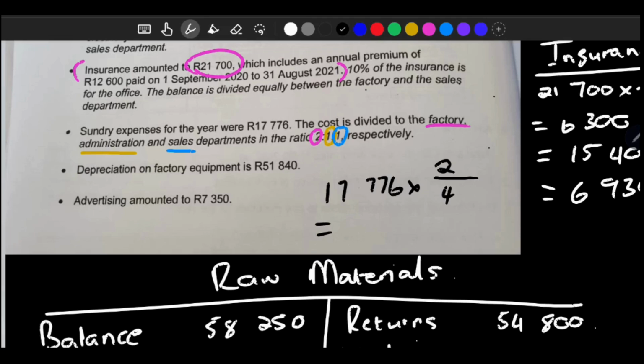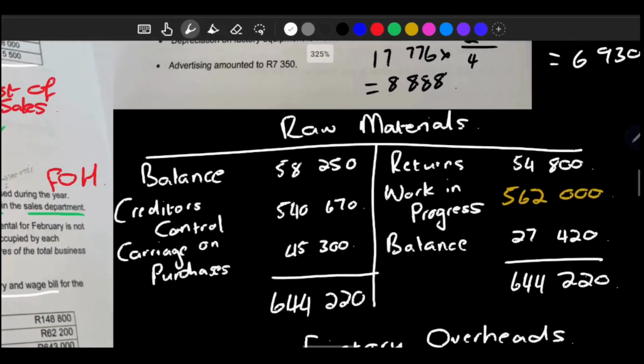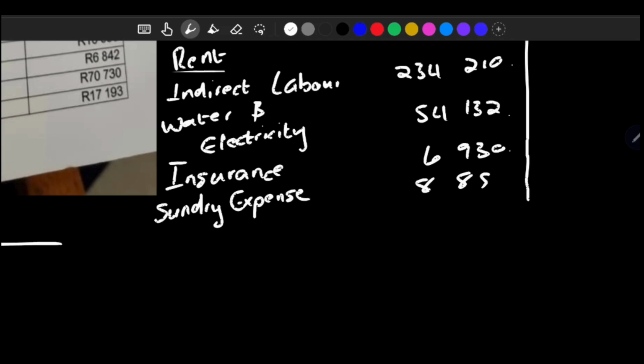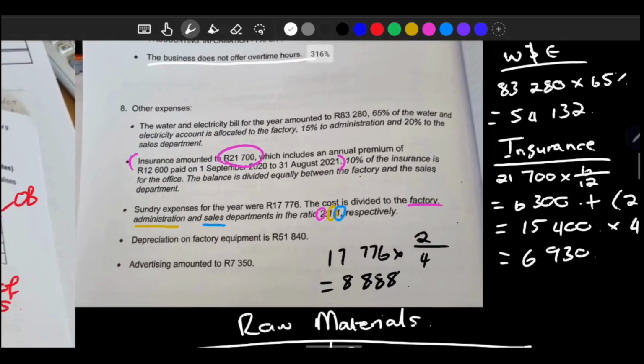So we're going to say 17,776 multiplied by 2 out of 4, and that gives us 8,888, right? And we will take this here to sundry expense of 8,888, right?